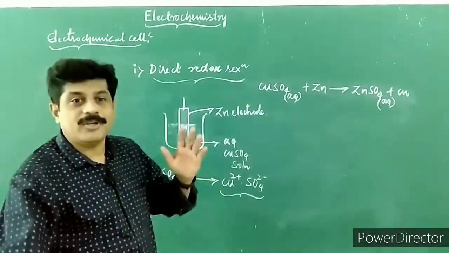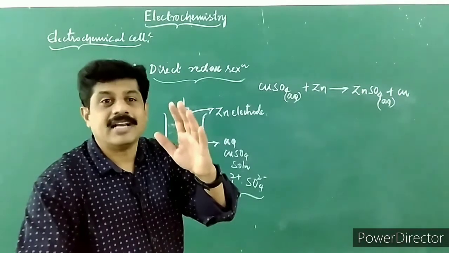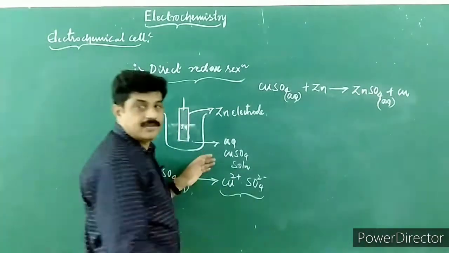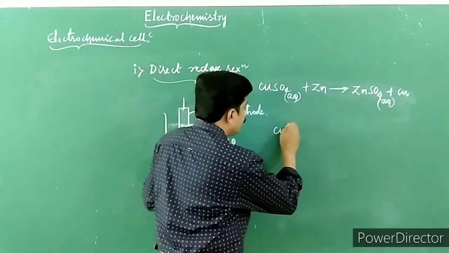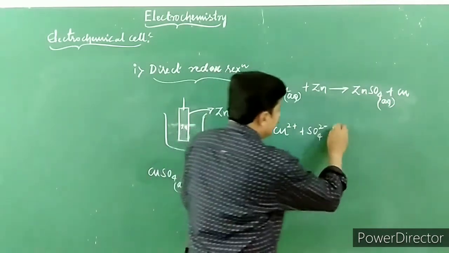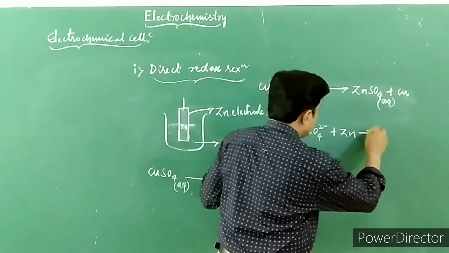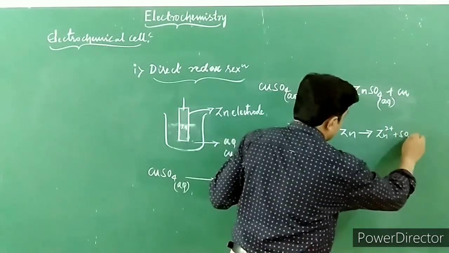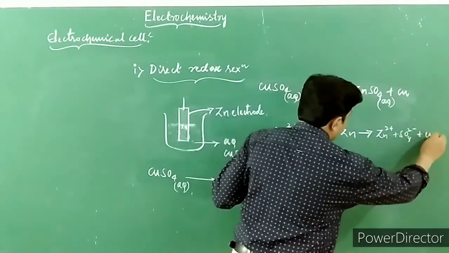Children, if I want to write the chemical reaction, I can write, look here, Cu2+ SO4 2- plus zinc gives Zn2+ SO4 2- plus Cu.